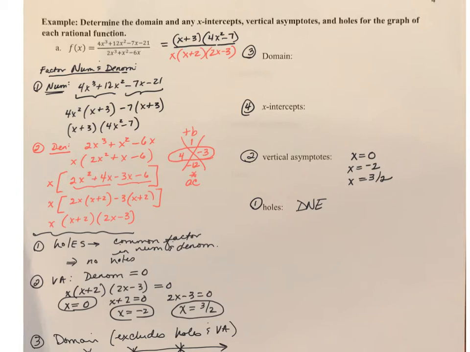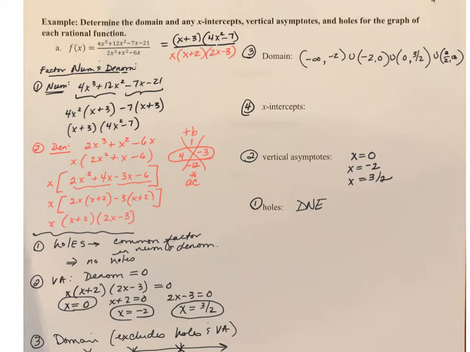So let's rewrite that here: negative infinity to negative 2, union negative 2 to 0, 0 to 3/2, and 3/2 to infinity. I think I've got it all. So there's your domain.